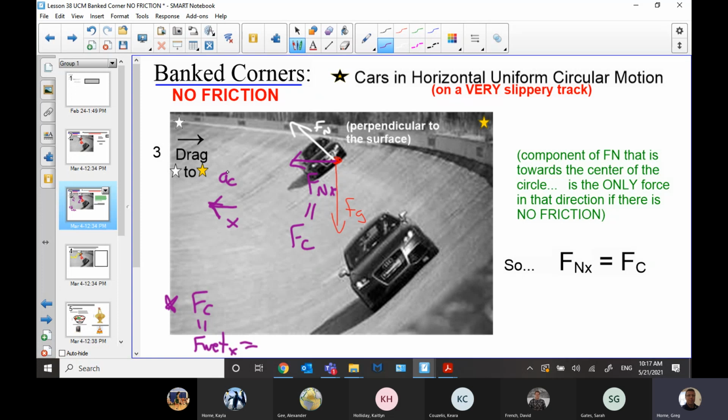We have ac in that direction, so the X direction is that direction. The only force we have in that direction, if we're adding up all the net forces, is FNx, the normal force component in that direction. There's no other forces.